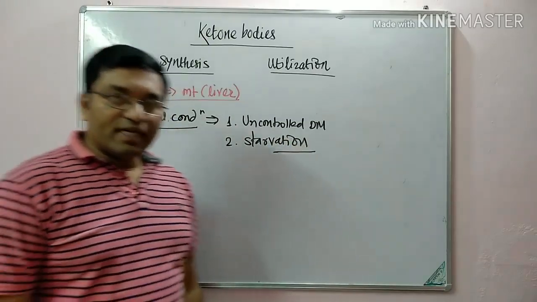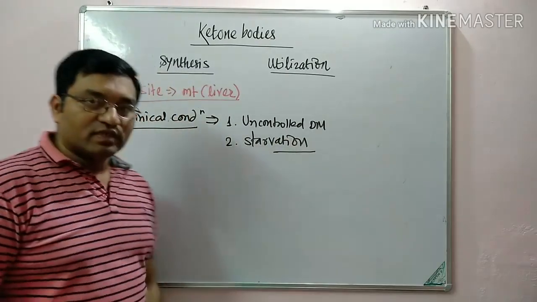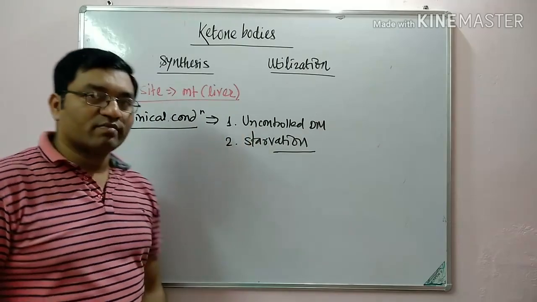There is decreased uptake of glucose by the cells due to the deficiency of insulin in uncontrolled diabetes mellitus.